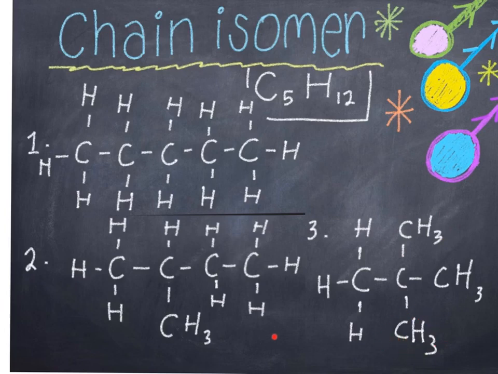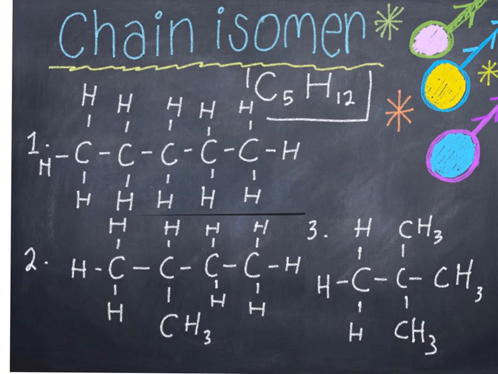So here you go, we have 1, 2, and 3 structures. The relationship between structure 1, structure 2, and structure 3 are called chain isomers. So they are chain isomers.